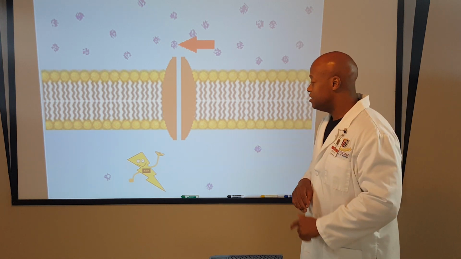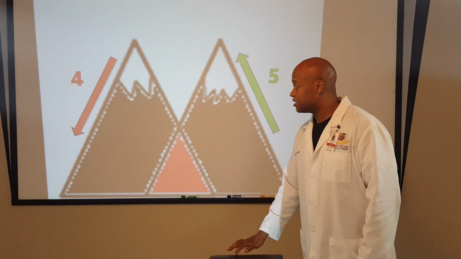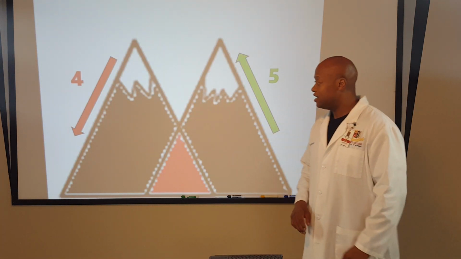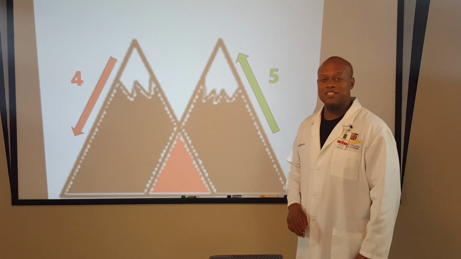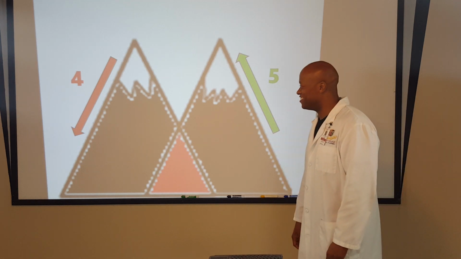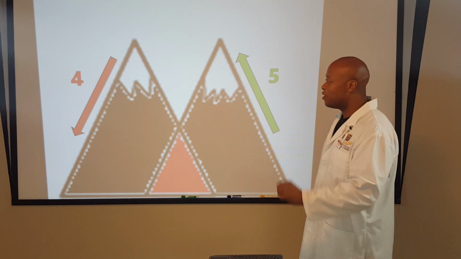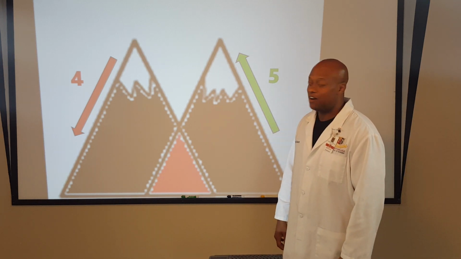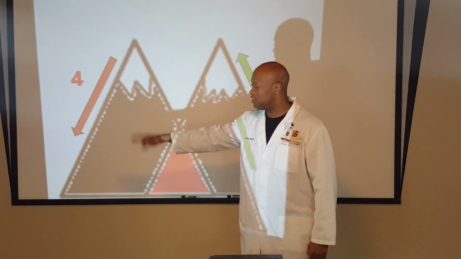Okay, so now, just a quick recap. Time for 4 and 5. We borrowed our little Cliff Notes hill for this one. For number 4, what was the process that went from an area of higher concentration to lower?